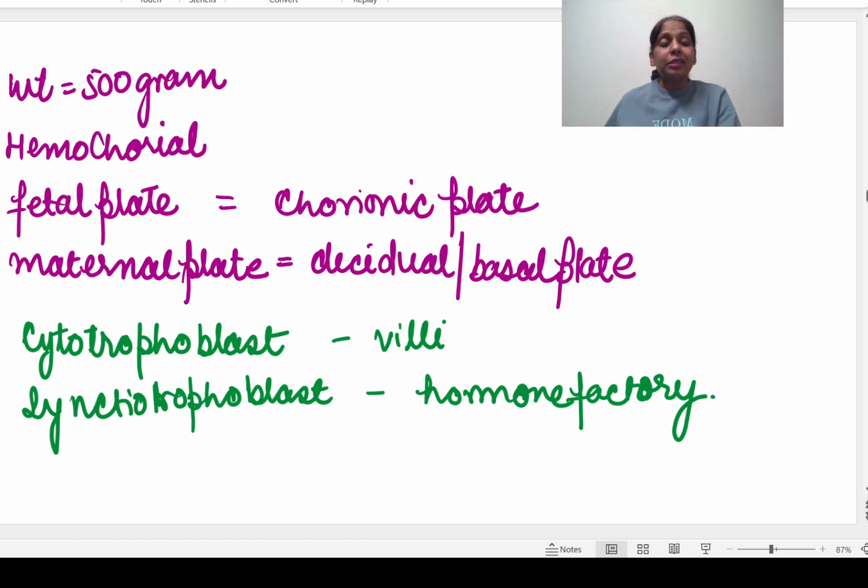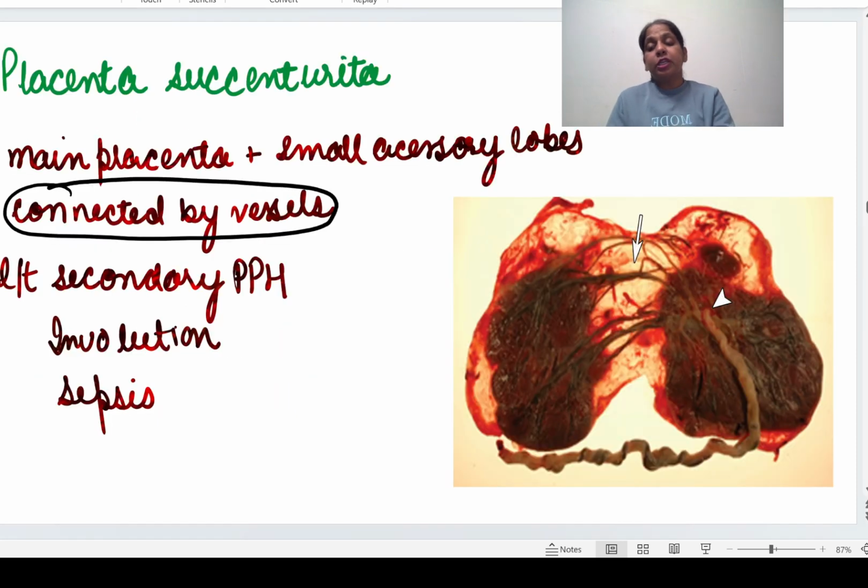All these hormones are made by syncytiotrophoblast. Even if they ask you about any hormone, each and every hormone is made by syncytiotrophoblast. The cytotrophoblast makes the chorionic villi, and the syncytiotrophoblast is the hormone factory, for HCG, HPL, everything.